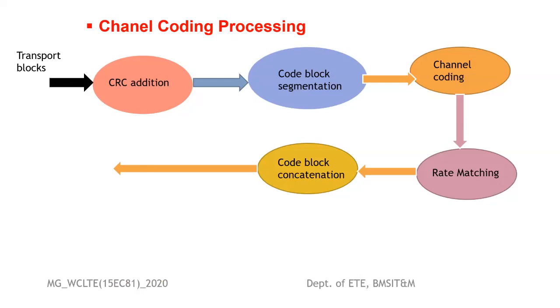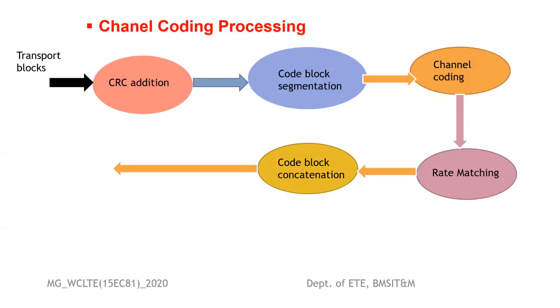So five steps are involved in the channel coding process. I repeat once again. First, we add CRC bits to the transport blocks. Then, depending upon the size, if the size exceeds the maximum allowed size, the segmentation will be done.